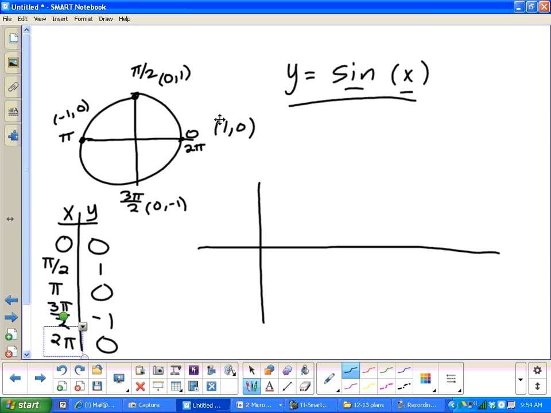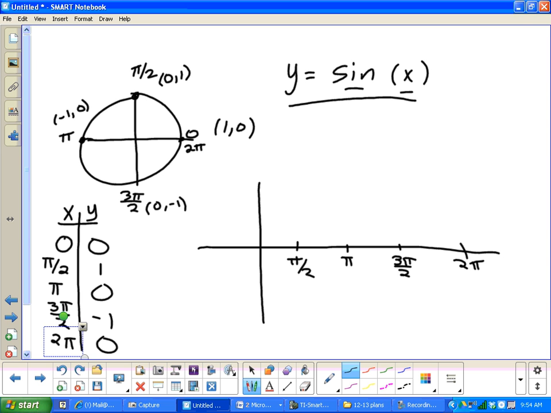So we're always going to do 1, 2, 3, 4. That first one was pi over 2. Let's just keep going. So we've got pi, 3 pi over 2, and then 2 pi. Now, the way that we do that for the rest of the graphs is going to be different, but this is for the first one. We're just getting used to it.